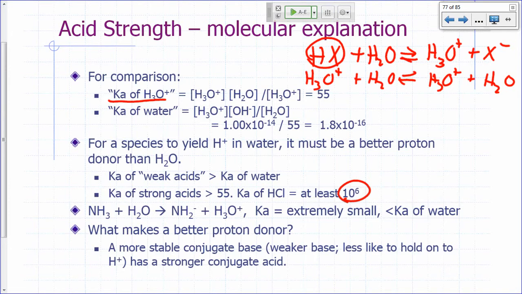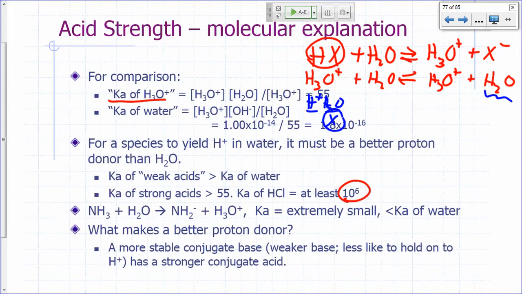Now you might say Keq for this should be 1. That's correct, but if you want to compare it with the other acids, let's pretend that this H3O plus is actually H plus H2O. So your H2O is your X. We're going to treat this H2O as though it was X, so we're going to use the concentration of H2O instead of the activity of 1, just so we can compare the Ka.